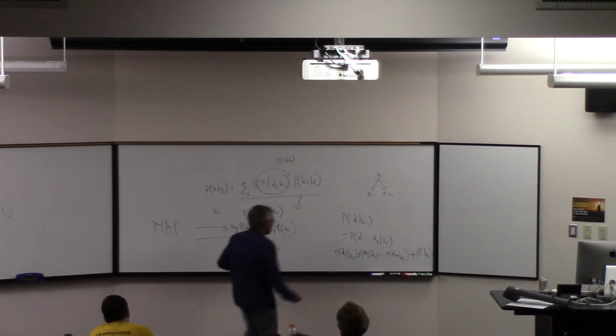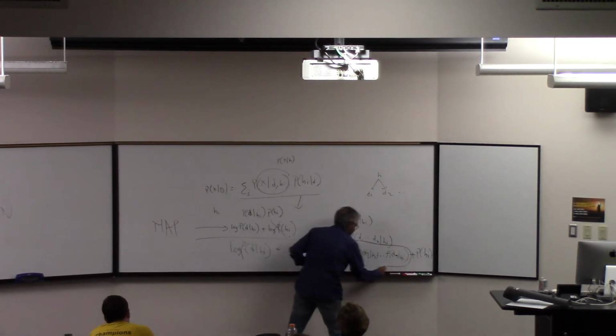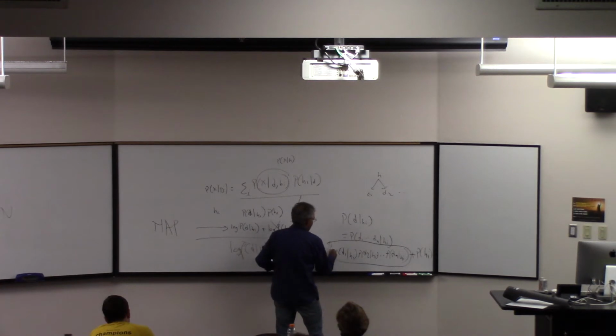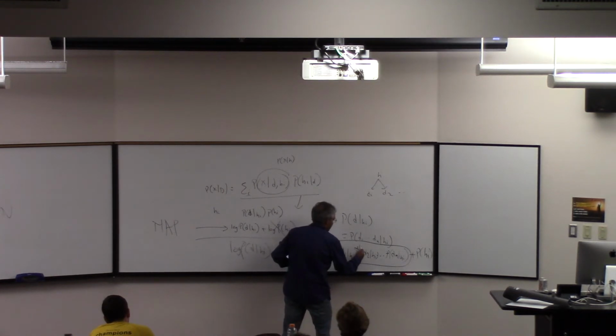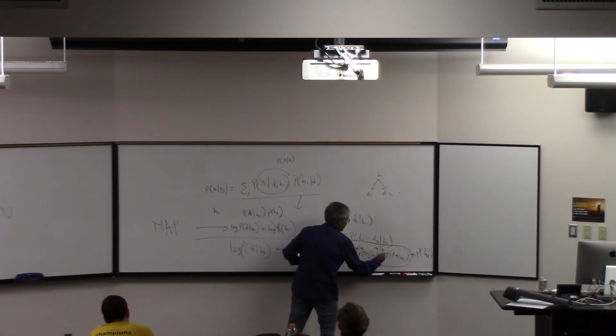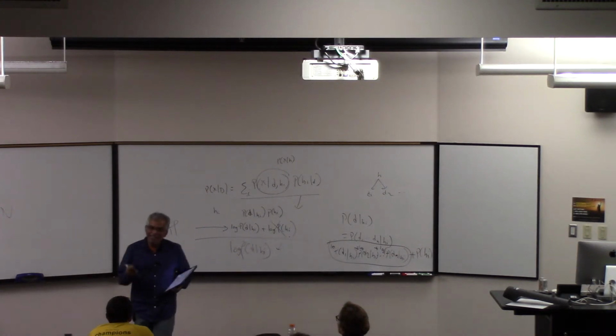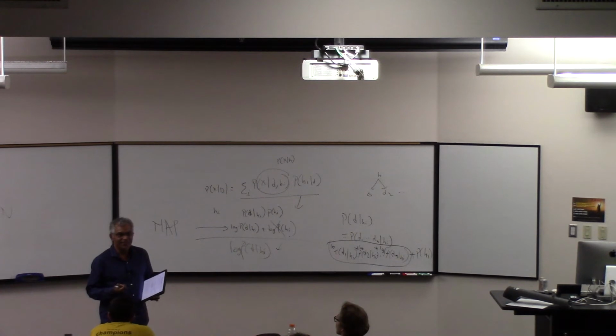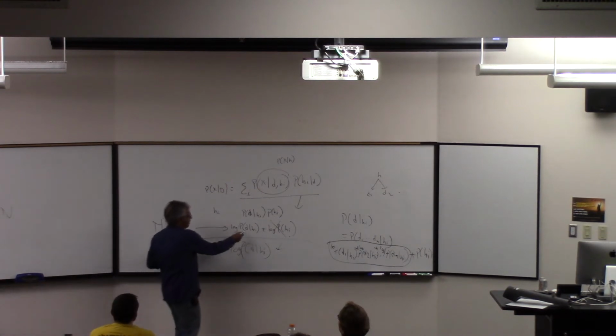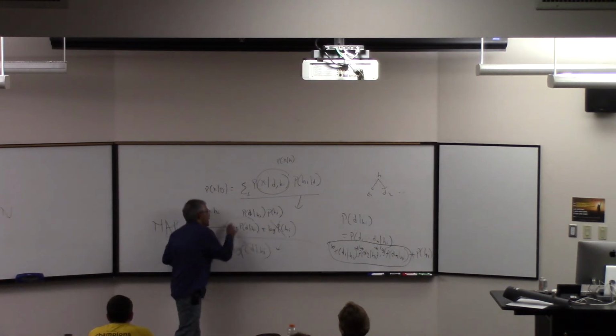Now when you take the log of these, they will be log of this, plus log of this, plus log of this, and so on. Which tells you that as the amount of data increases, in this sum here, this factor dominates.